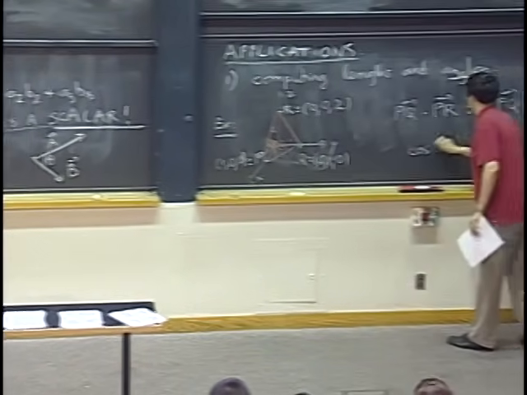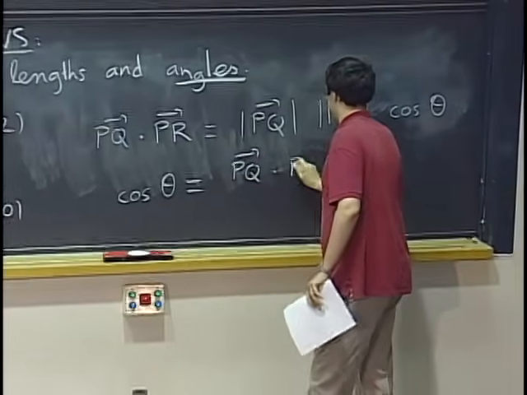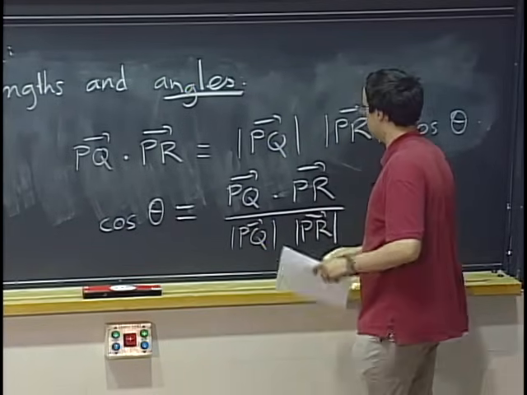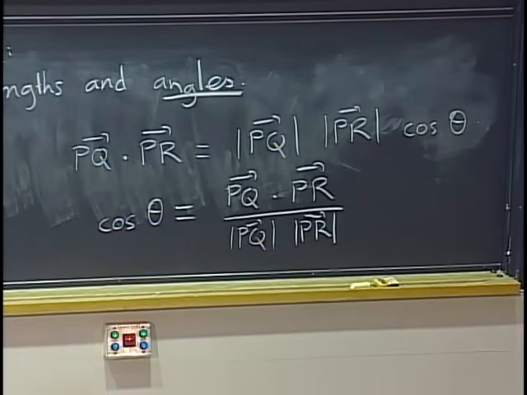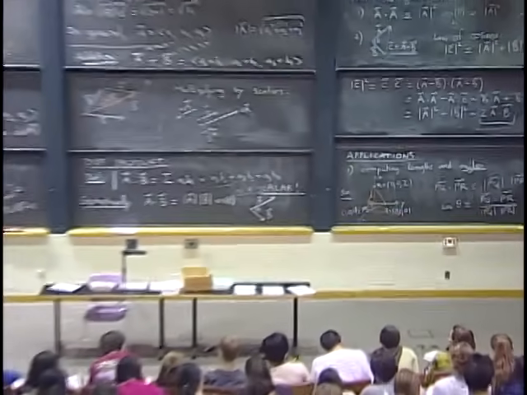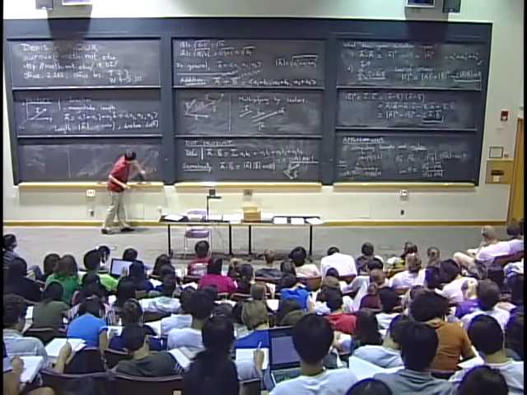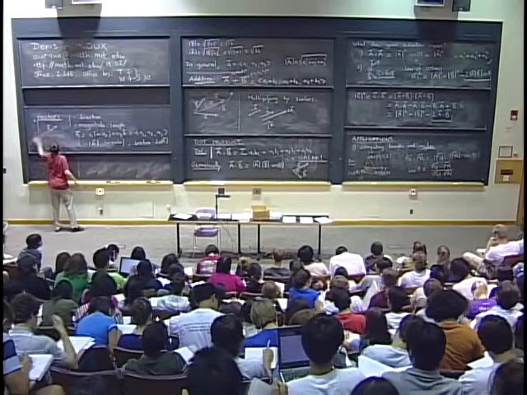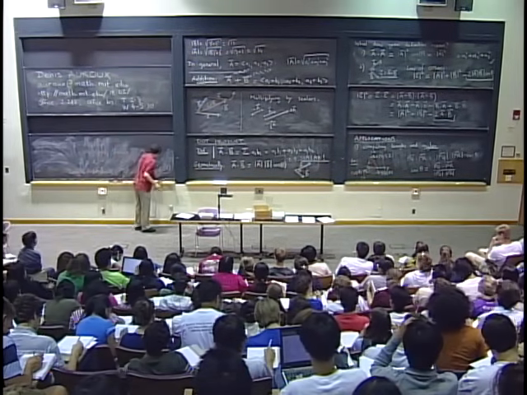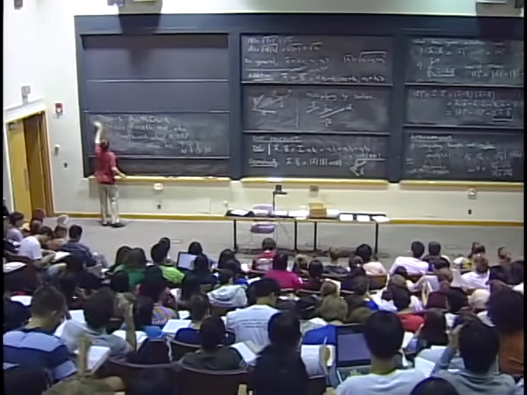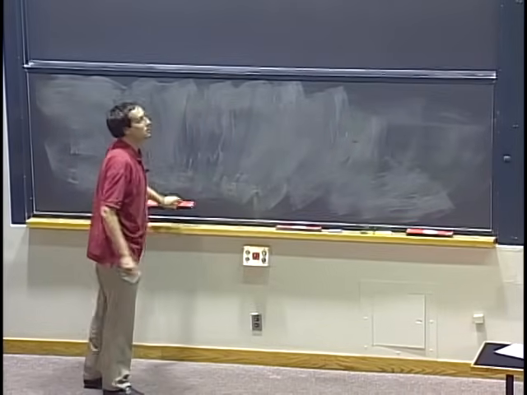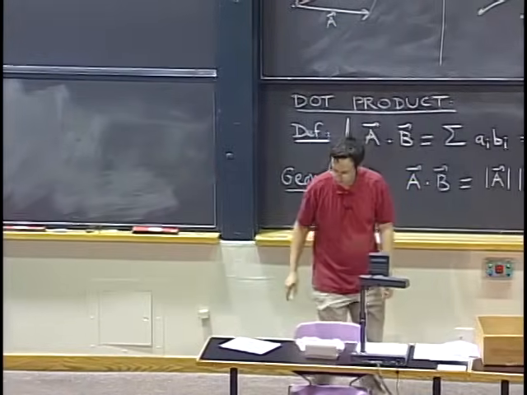So actually what we will do is we will find theta in this way. We'll take the dot product of PQ with PR, and then we'll divide by the lengths. Okay, so let's see.